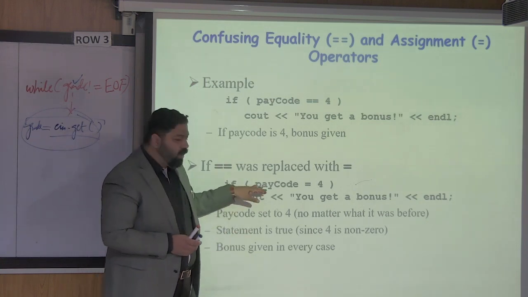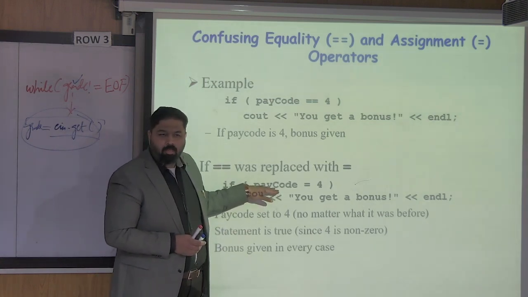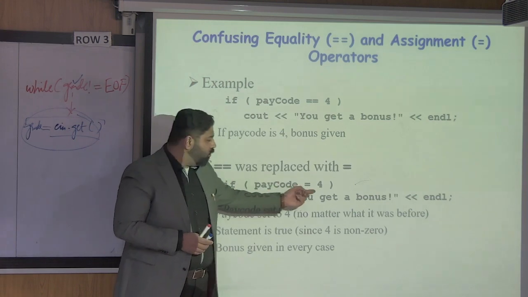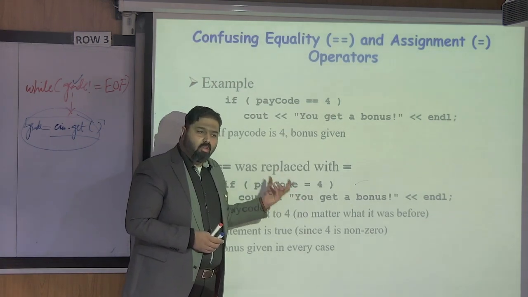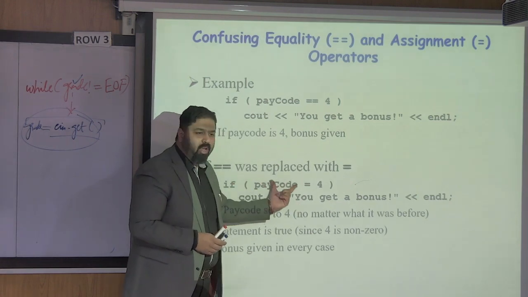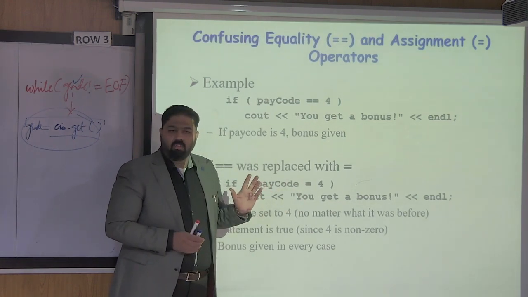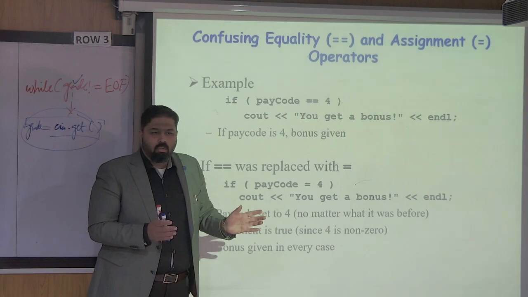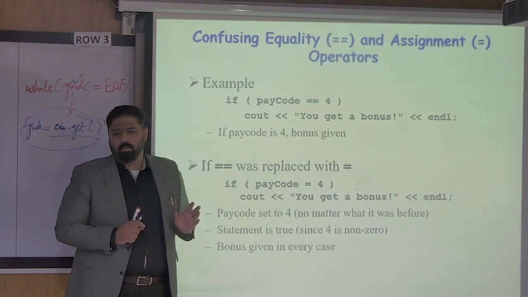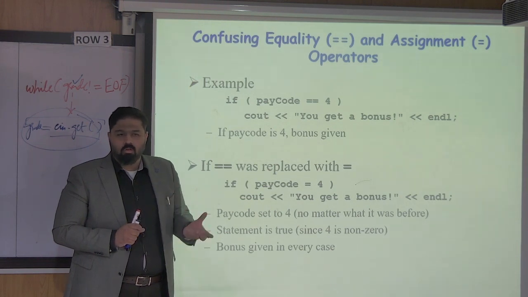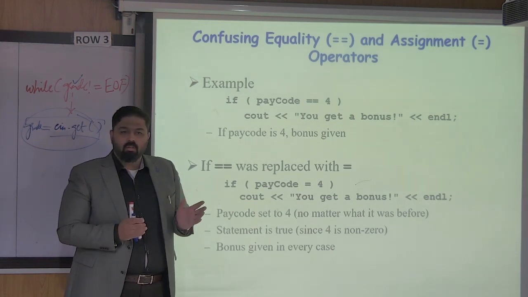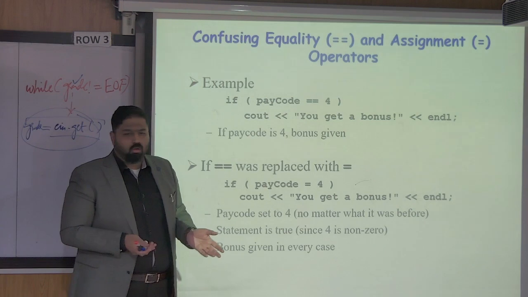Whatever the pay code is, if it is 1, 2 or 3, what gets assigned to the pay code? 4 is a non-zero value. Inside the if it is true: anything which equates to a non-zero value means it's true. If it equates to 0, it's false.